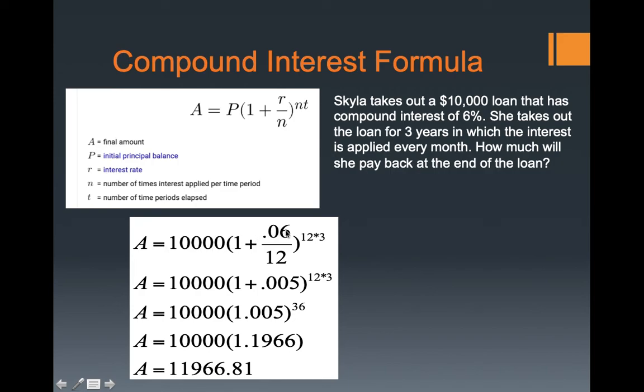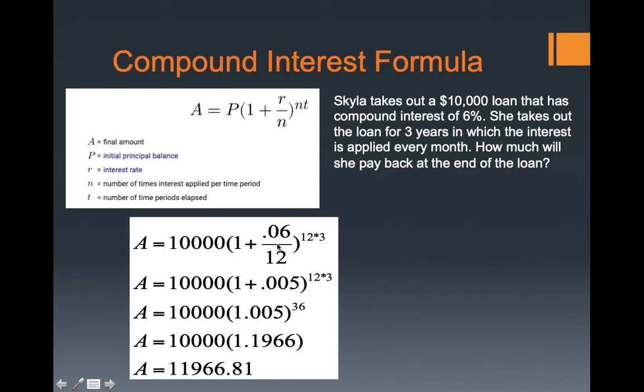The 1 standard, there's your percentage as a decimal. Then down here, N is the number of times interest is applied per time period. So it's applied every month. So 12 months, again, 12 months, and the number of time periods elapsed, 3 years.